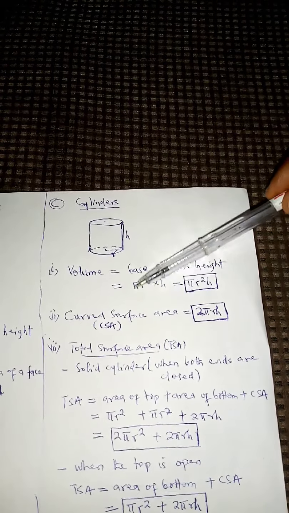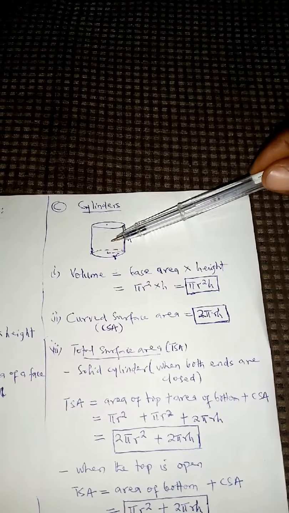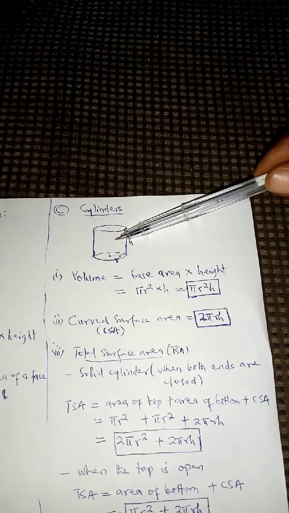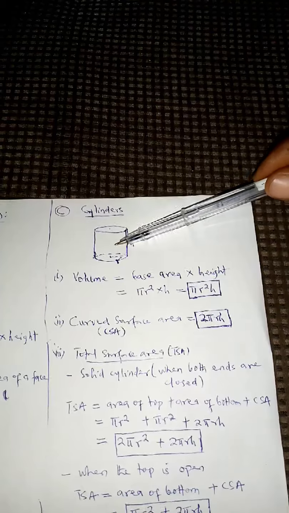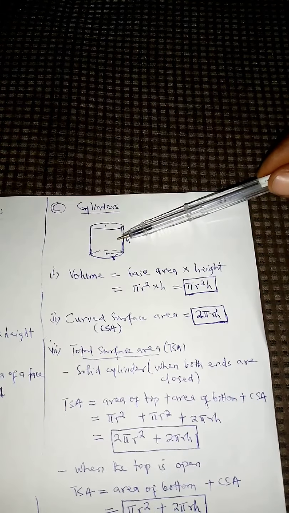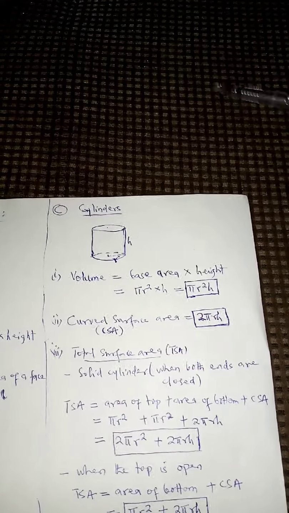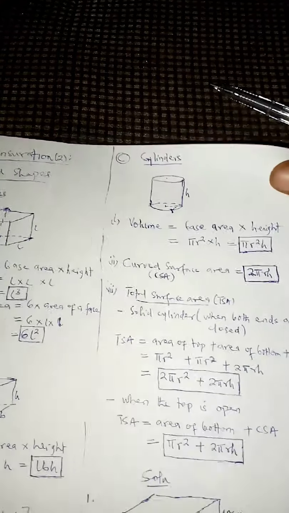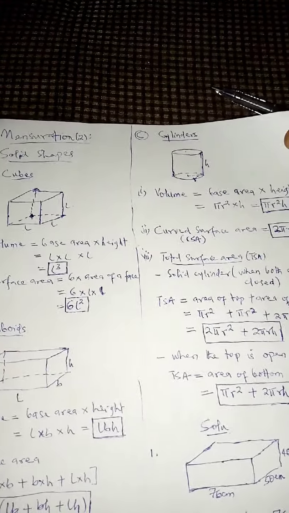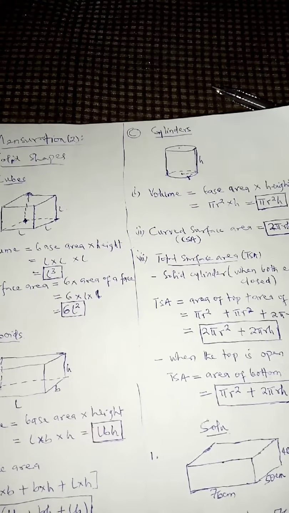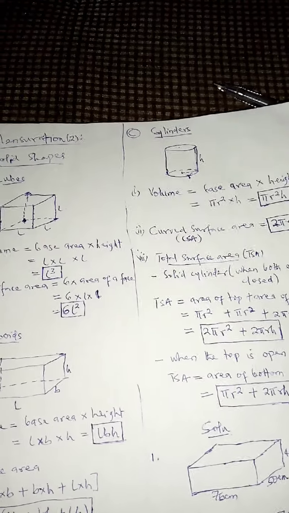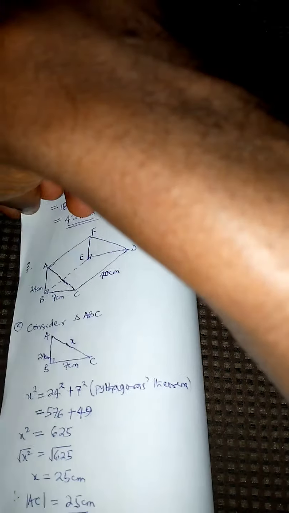Curved surface area of our cylinder, that is the side here, that's the curved surface area. This side, which is the curved surface area, is 2 pi RH. When you take this paper, it is rectangular, as you can see. Now, if I decide to fold it this way, I achieve a cylinder.